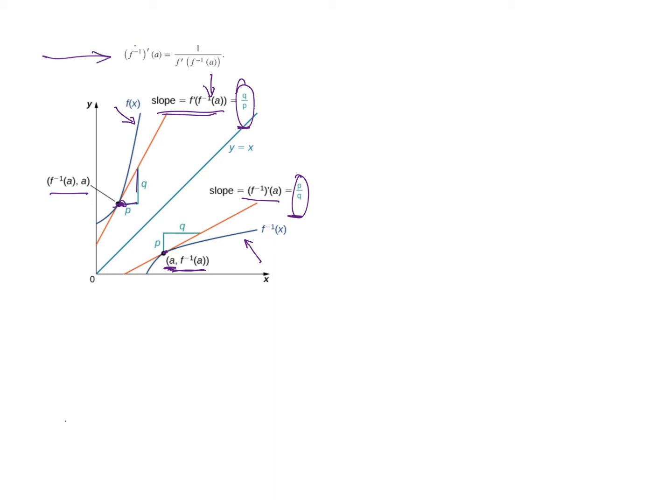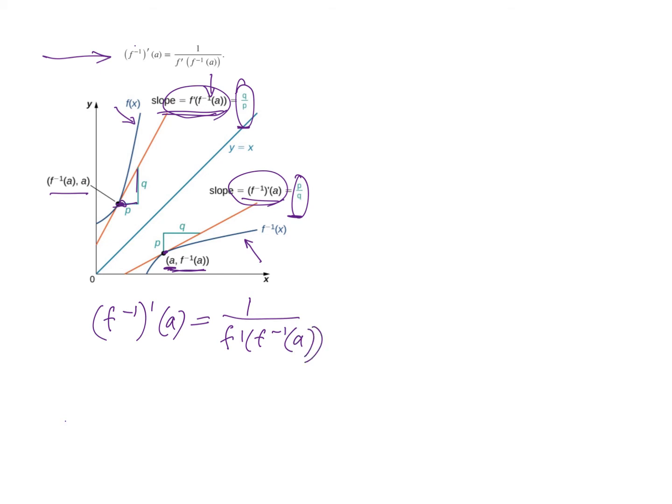This is telling us that f inverse prime of a, which is this value down here, is just equal to 1 over, remember, the reciprocal of this. So that's f prime of f inverse of a.